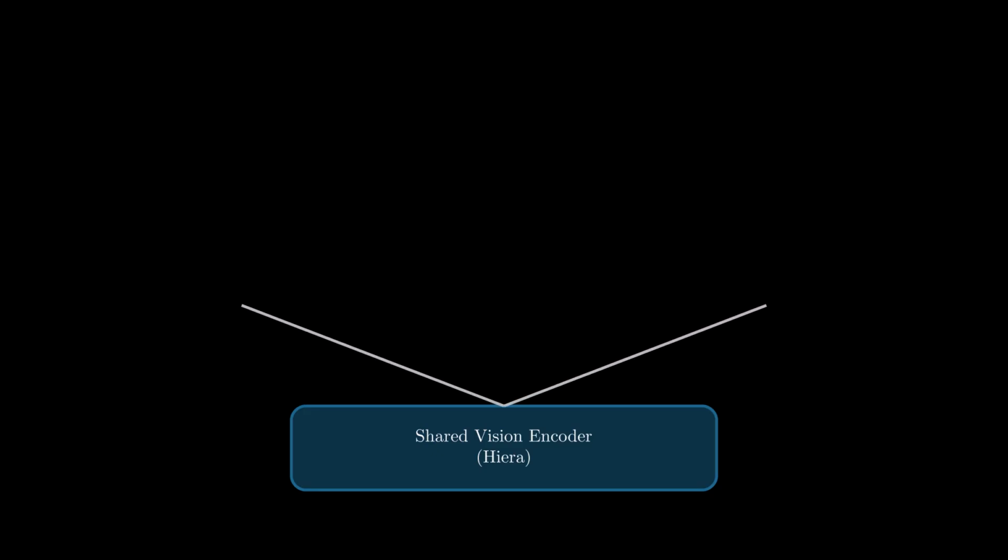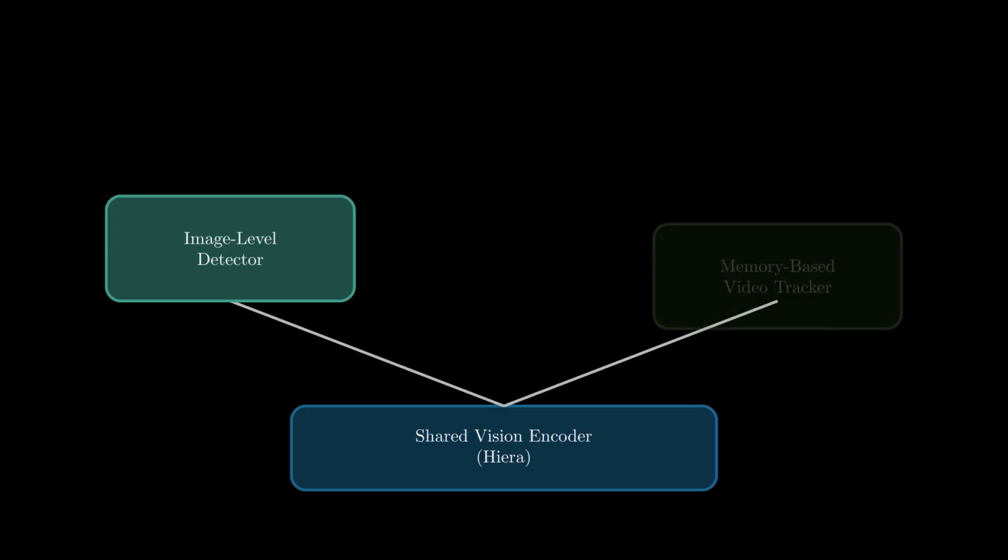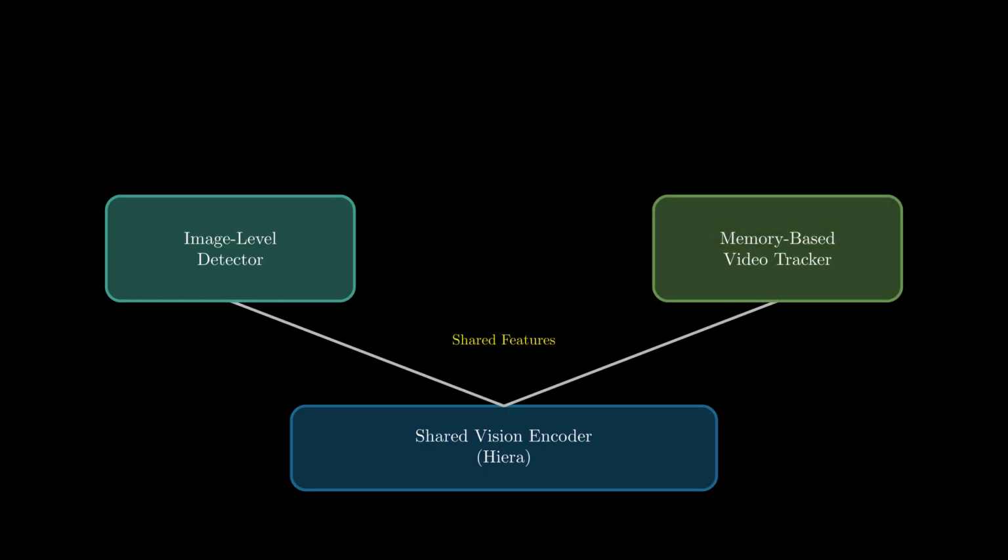Instead of training separate models for images and video, which would be computationally expensive, SAM3 utilizes a unified design. From this single backbone, the architecture splits into two specialized heads. On one side, we have the image-level detector, optimized for finding objects in static frames. On the other, the video tracker, designed to follow those objects through time. Because they share the encoder, the system is incredibly efficient.